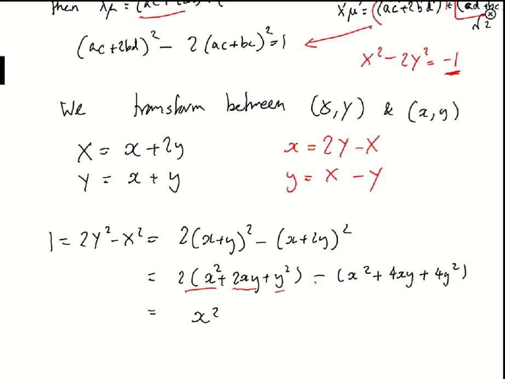I've got 2y squared here, minus 4y squared. 2 minus 4 is minus 2, so I'm left with that. Now look at it. So you've basically got, for every solution of this, you have a solution of this. The two equations are related.